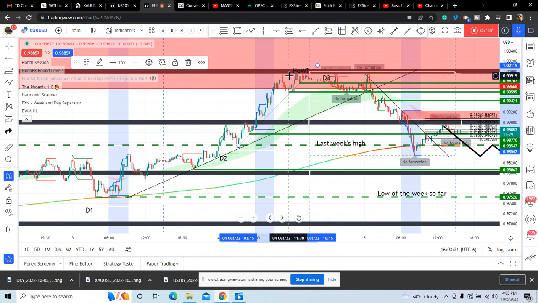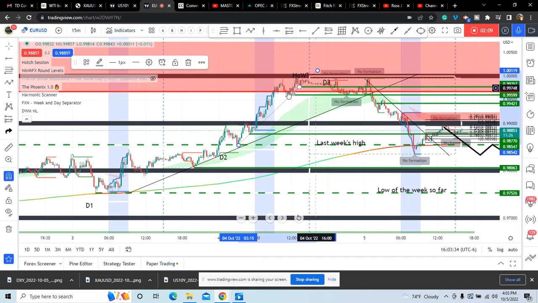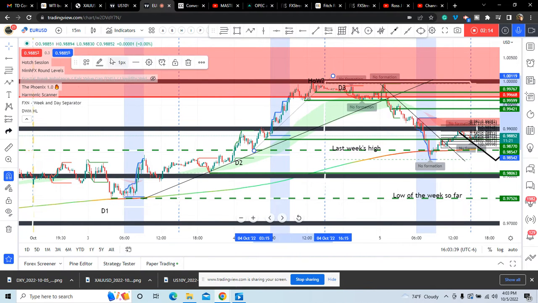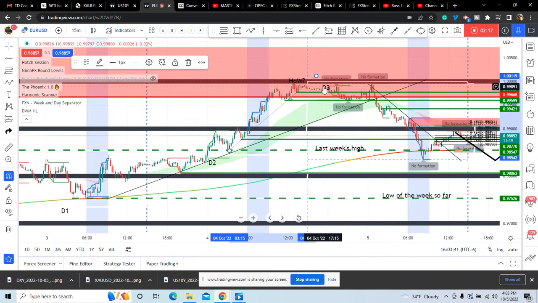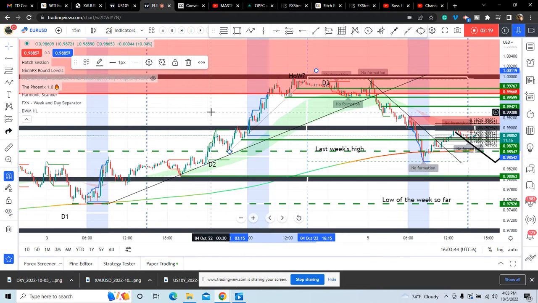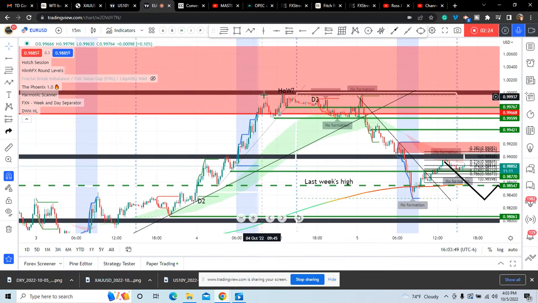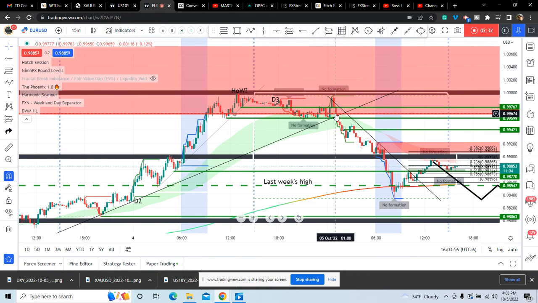Anyway, so we moved up into the high of the week, potentially. What I was concerned for on this break of the trend line, where I was shorting it, because I did put a trade in here, which ended up break even. I moved the stop loss to break even because I was thinking, all right, we've had a peak here. I can't remember where I started again. I think on this break of structure here, I started to short it.